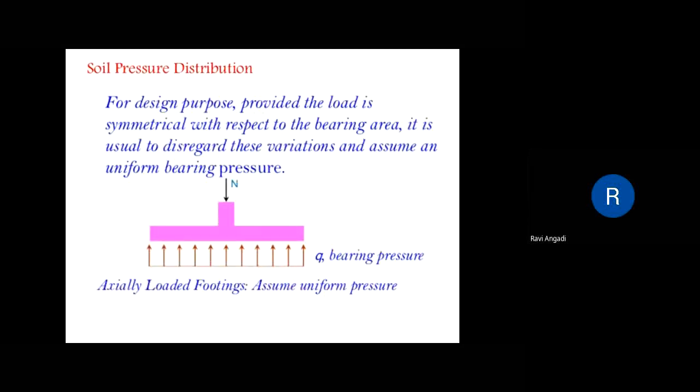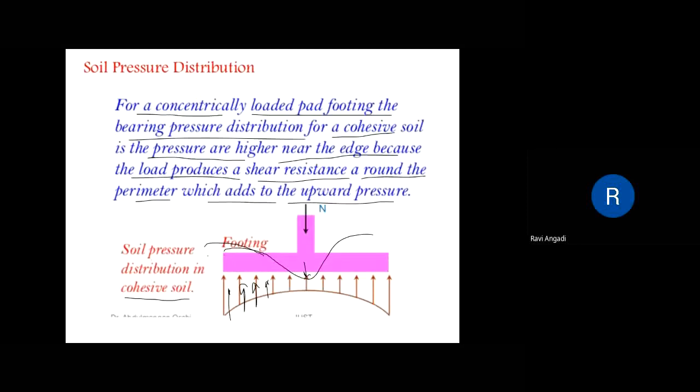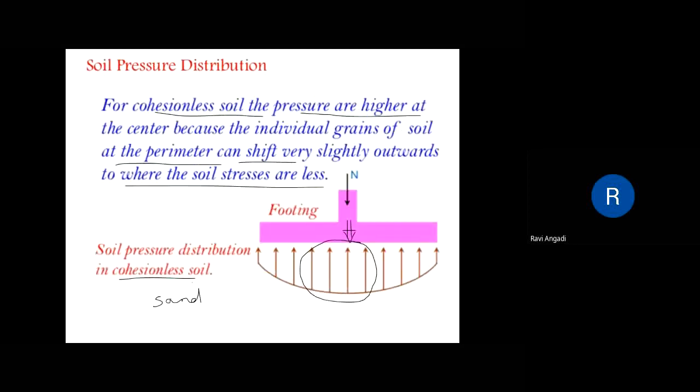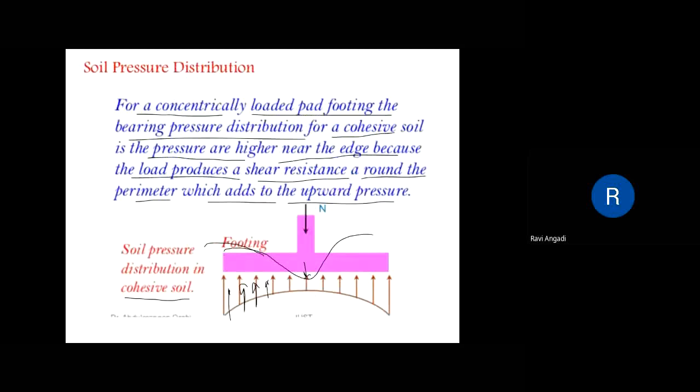Then coming to the design purpose, as I said, provided the load is symmetrical with respect to the bearing area, it is usual to disregard these variations and assume a uniform bearing pressure. Whatever pressure we get in reality for the cohesive soil as well as the cohesionless soil, we get these kinds of pressure distributions under the footings.